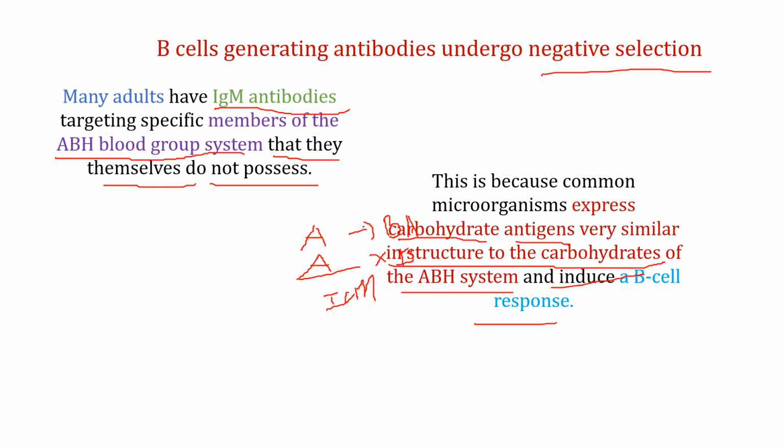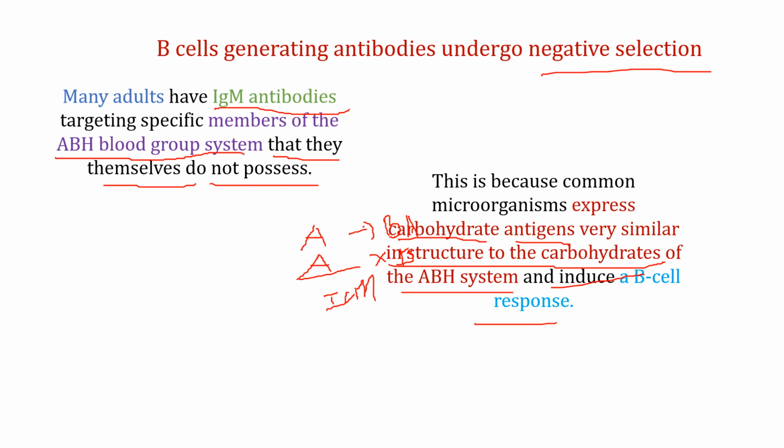Let's go back to Sarah with blood type A. Her immune system does not react strongly to A-like structures on certain bacteria or viruses because it recognizes them as similar to her own blood type. It's like her immune system has been trained to ignore these structures, treating them as a part of herself.